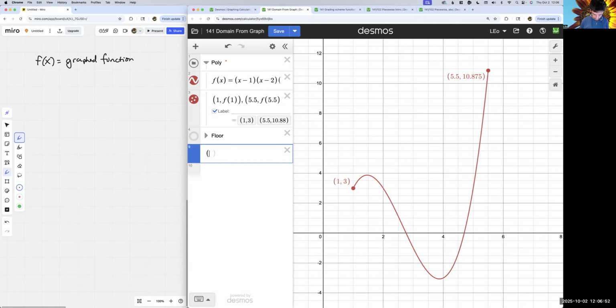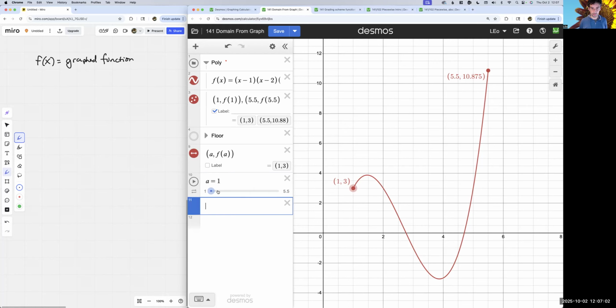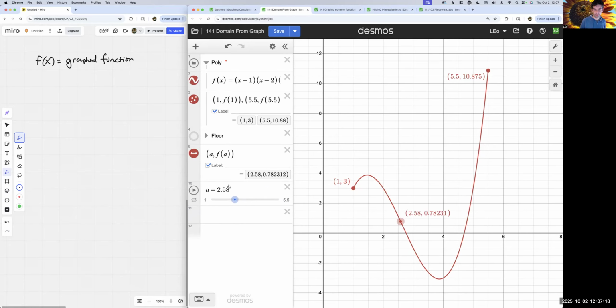Okay, so let's put in a point at x = 1.5. All right, maybe this will help. So here I have a little scrolling point that goes through the graph. What I'm imagining is I just want to write down all of the x values that these points take on. In fact, let's label this.